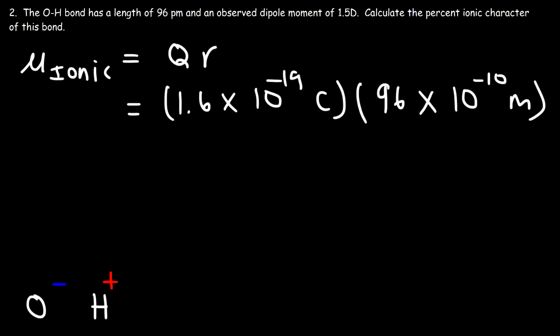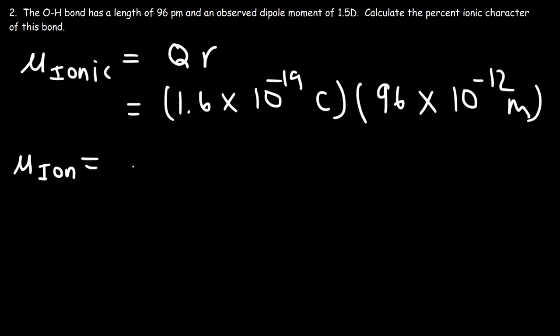I take that back. That's supposed to be 10 to the negative 12 meters. So let's go ahead and multiply those two numbers. And so you should get 1.536 times 10 to the negative 29 coulomb meters.